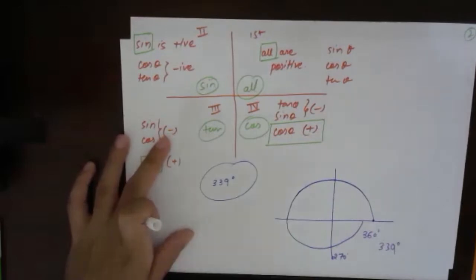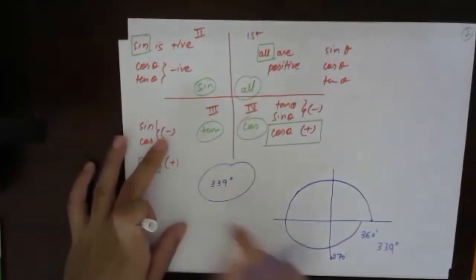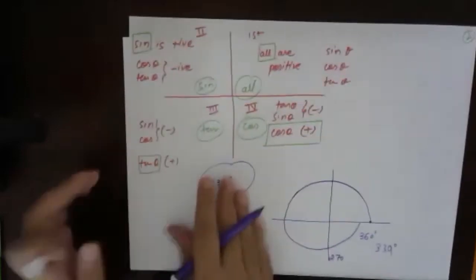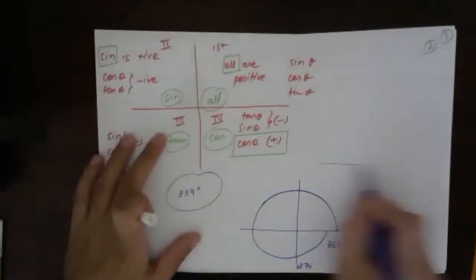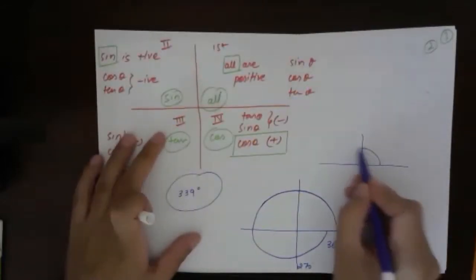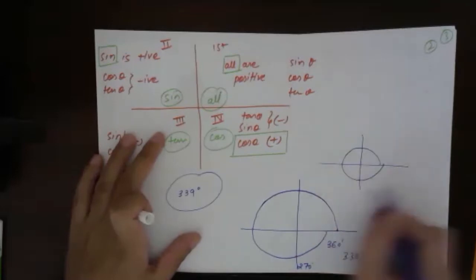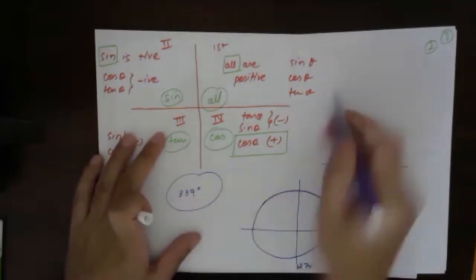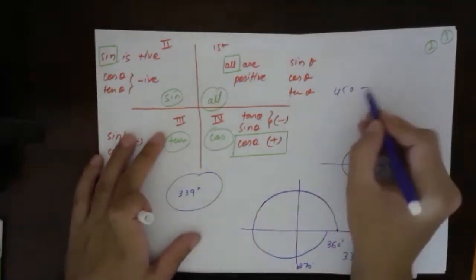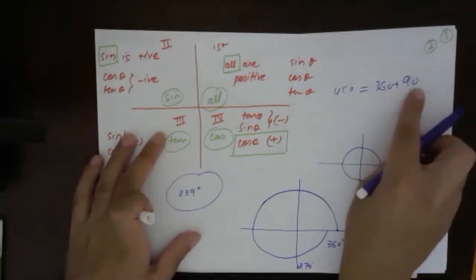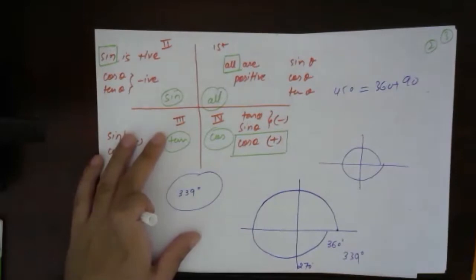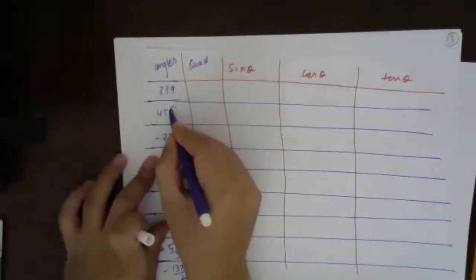Understood? Fine. 339 and then it was 450. So now from 360 I have moved once. So this is total 360 plus how much? 450 is equal to 360 plus 90.